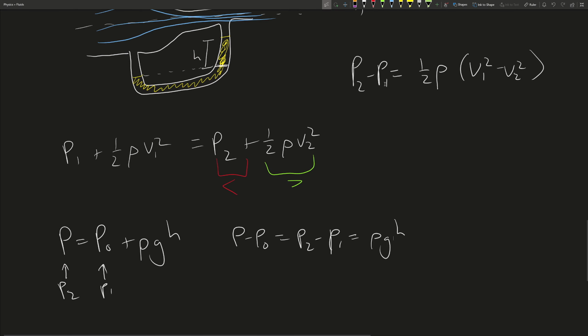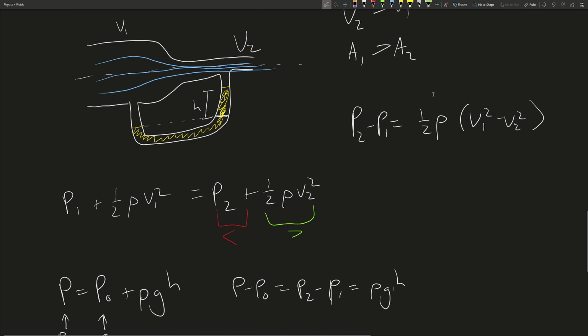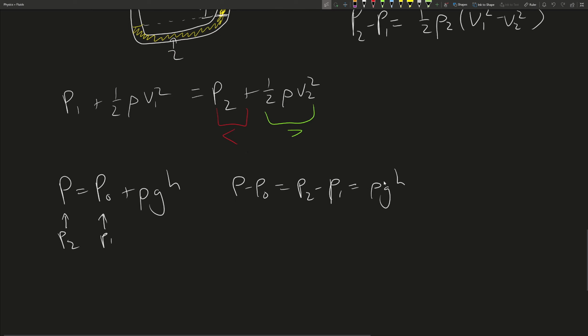That way we don't actually have to solve for pressure 2 and pressure 1. We just need to solve for the difference. Let's call this fluid 1 here, and then this is fluid 2. So the difference in pressure is going to be 1/2 rho times the difference in the squares of the velocities. And now the difference in hydrostatic pressure is equal to the density of, this should be the density of the first fluid.